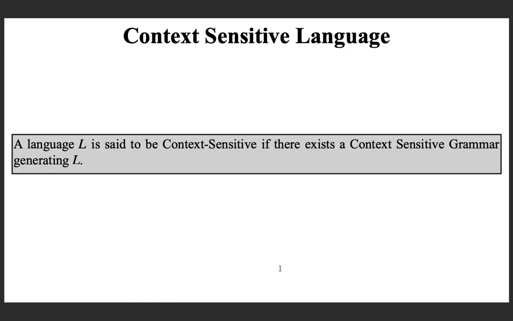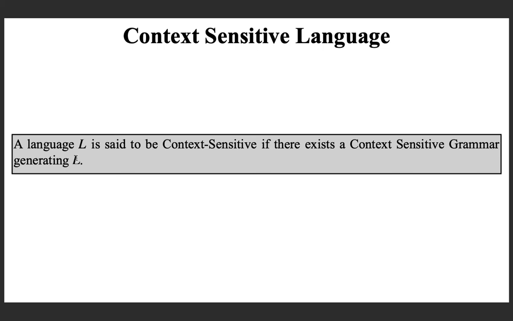A language capital L is said to be context sensitive if there exists a context sensitive grammar generating the language. For example, a to the power n, b to the power n, c to the power n, where n is greater than or equal to 1 is a context sensitive language, because we have a context sensitive grammar generating it.